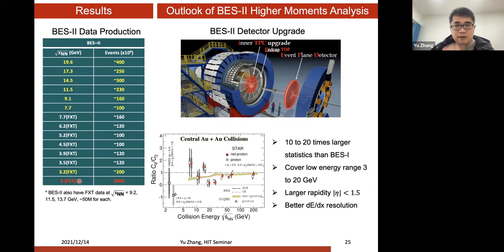And we have several detector upgrades: the TPC iTPC, eTOF, and EPD detectors. The benefit from the upgrade is that we have better energy loss resolution and larger rapidity coverage. We hope this future data analysis will shrink the error bars below 20 GeV and confirm the non-monotonic energy dependence trend.